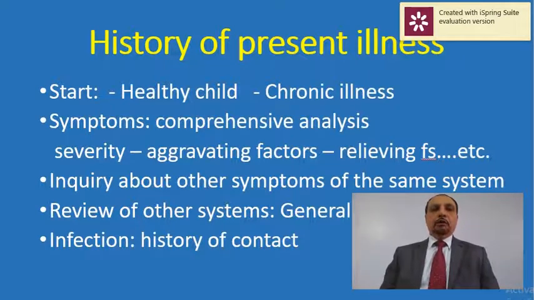And again, if the presentation is an infection, as in our example, I'll ask about the history of contact with other siblings or other persons with the same illness. This is important, either at home or in the kindergarten or in the school, and so on.